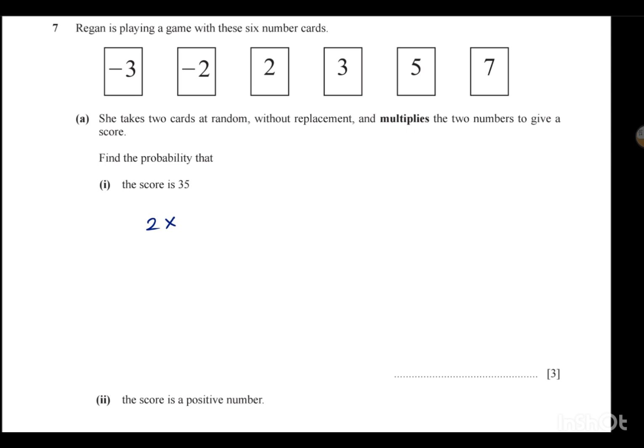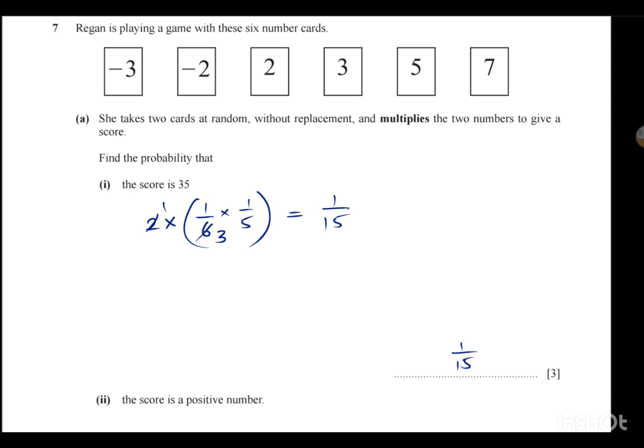So the probability of 5 will be 1 out of 6, and if the next number is 7, it will be 1 out of 5. If 5 comes first or 7 comes first, we have to treat both the same way. So 2 times 1 by 6 times 1 by 5, that is 1 by 15, will be the probability.